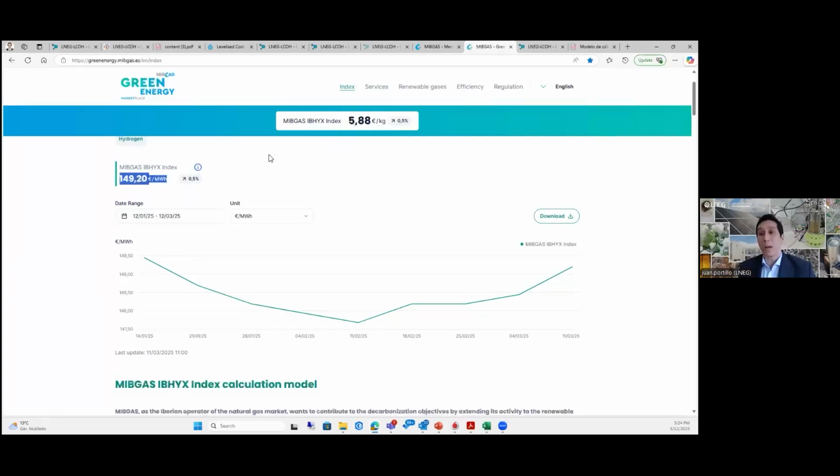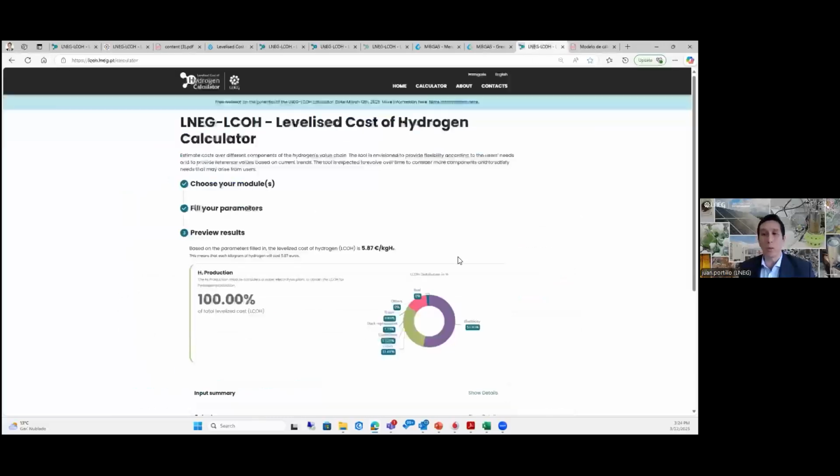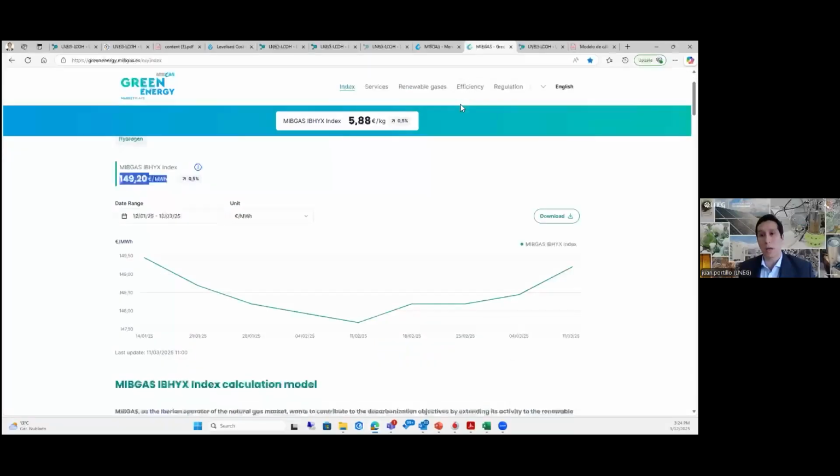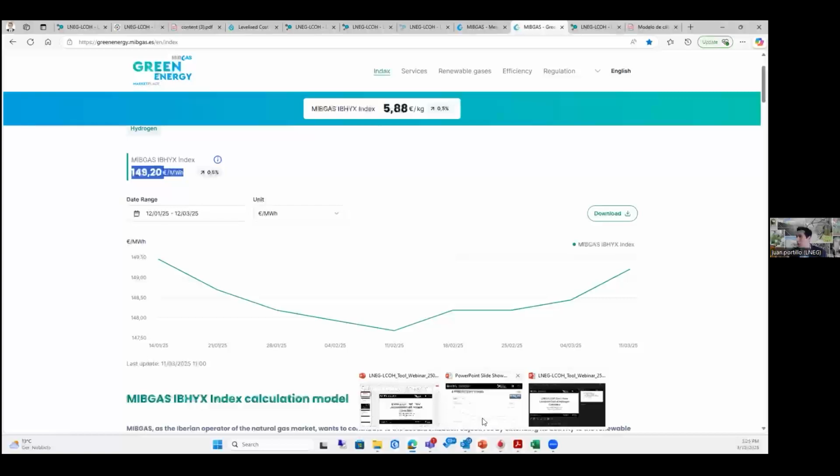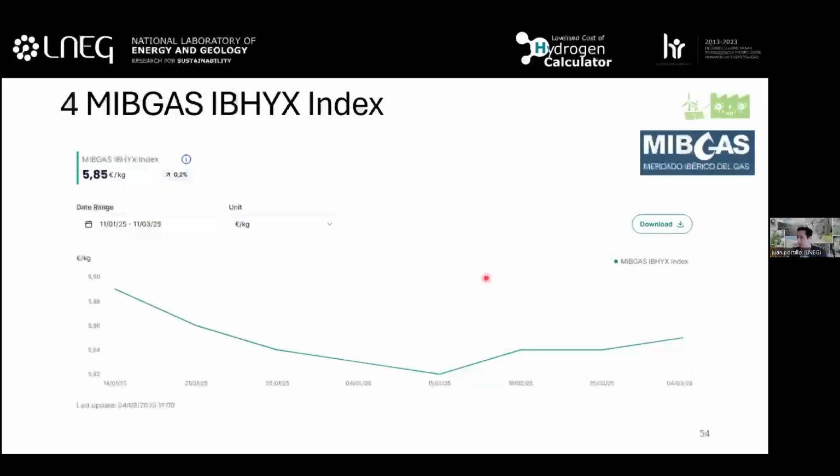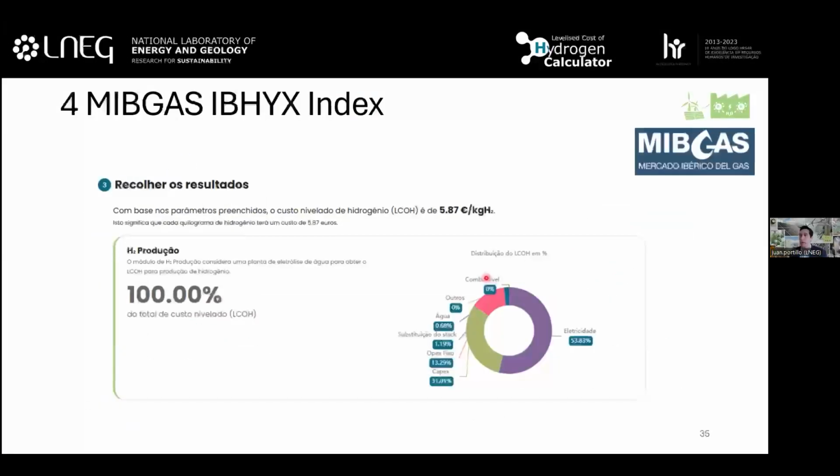So using a more simplistic model like the one that is embedded in our tool, we could reproduce the index that was obtained in a more complex way and with a lot more information that is usually not available. Okay, I will go back to the presentation. And in that sense, we obtain this value and the distribution.